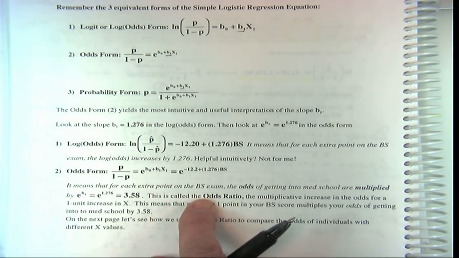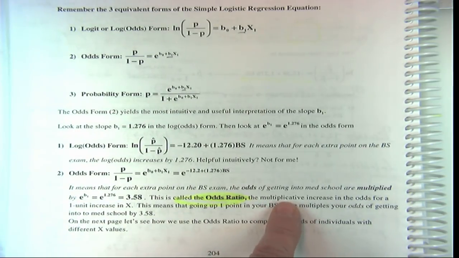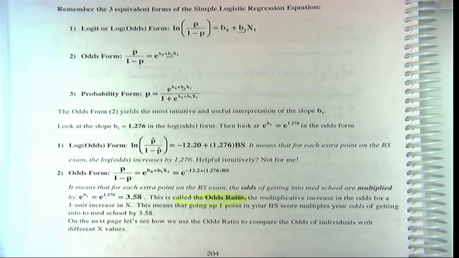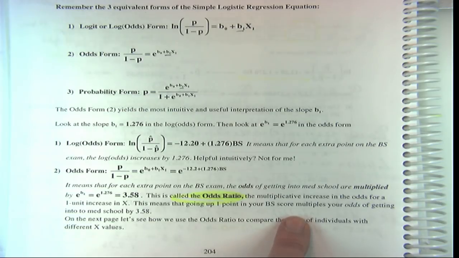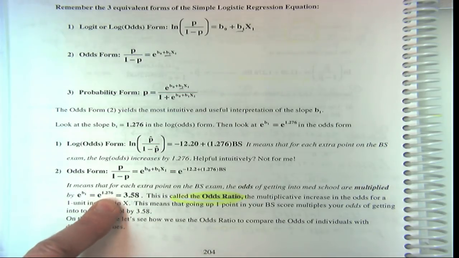And this is called the odds ratio, which is used all the time. It's the multiplicative increase in the odds for 1 unit increase in x. So if you go up 1 point in your biological science score, you multiply your odds of getting in by e to the 1.276.